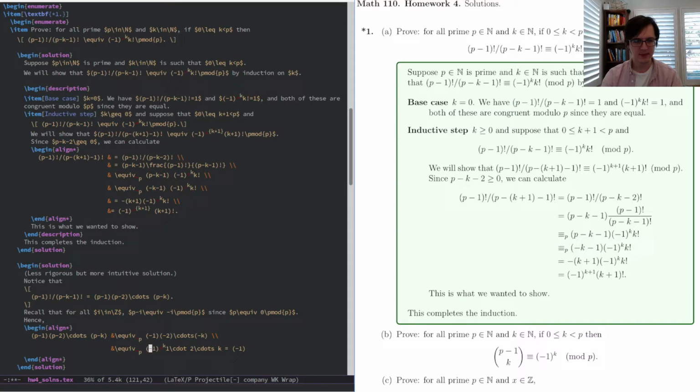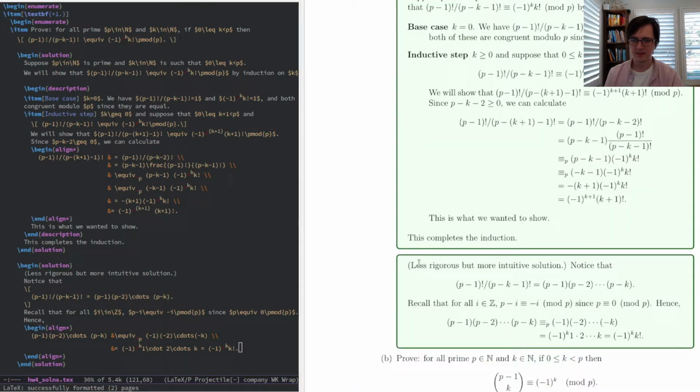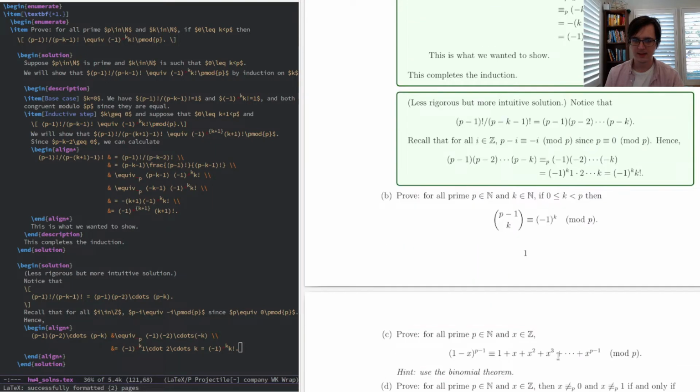Oop, this is just equal. I like telling the difference between equality and equivalence because I think it makes it easier to follow an argument that way. Okay, so that's that.